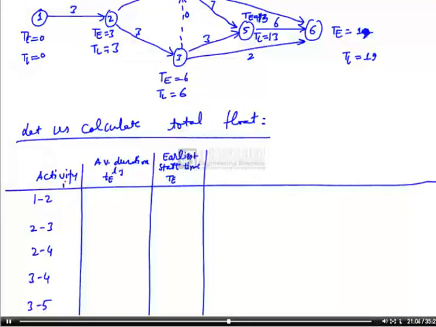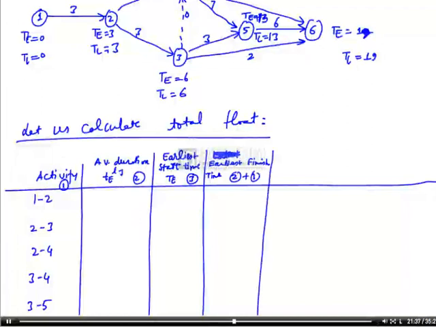So this is column number 1, this is column number 2, this is column number 3. So we will go for earliest finish time. This can be calculated by adding column 2 plus 3, because earliest start time plus average duration of the project is earliest finish time.